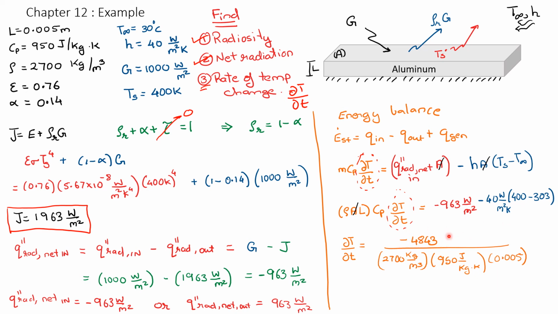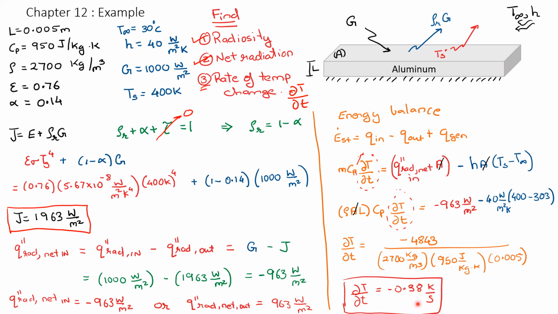So our numerator is 4843 with a negative sign, whole divided by the density of aluminium, the heat capacity of aluminium, which is 950 joule per kg Kelvin, into the thickness of aluminium, which is 0.005, and this gives us the rate of temperature change as minus 0.38 Kelvin per second.